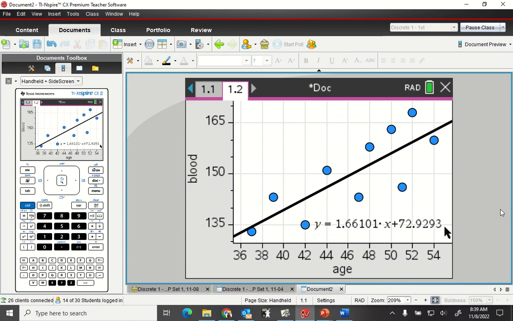So let's say it's going to be 1.66x plus 72.93.